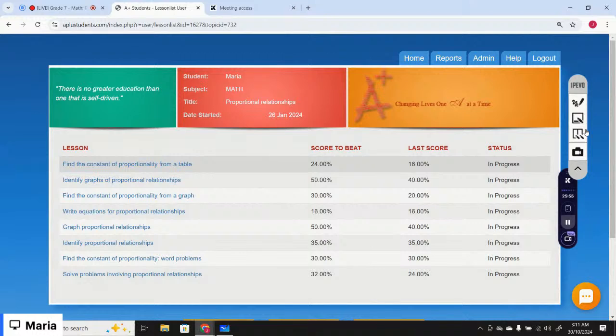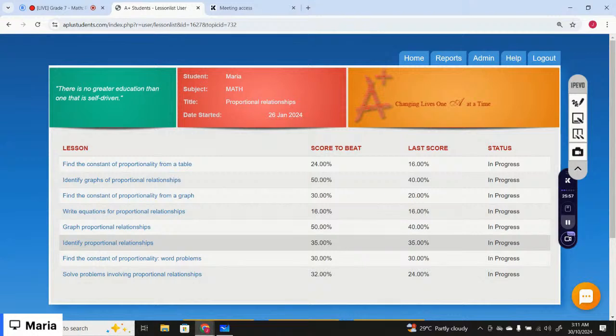The next lesson is identify proportional relationships.